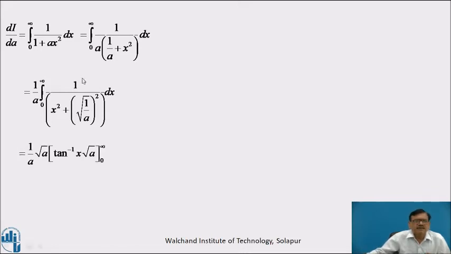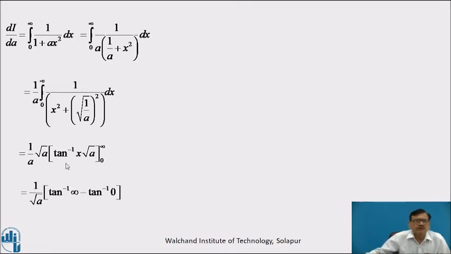And we know the integration of 1 by (x square plus a square) is 1 upon a tan inverse of x by a. So this is equal to 1 by a as it is, and 1 by root a means square root of a, into tan inverse of x root a, with the limits 0 to infinity.